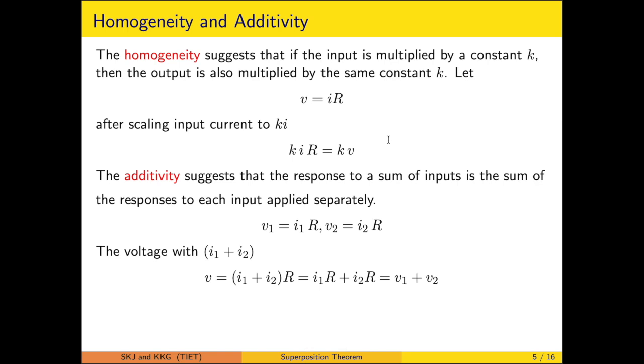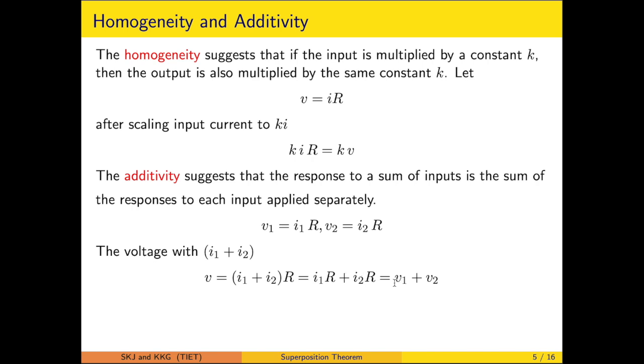Additivity has to be analyzed as follows. Suppose corresponding to one input I1, there is an output V1, and corresponding to another input I2, there is an output voltage V2. If we are giving a third input, which is the sum of these two, I1 plus I2, then the output voltage will be equal to I3 multiplied by R, which is equal to I1R plus I2R.